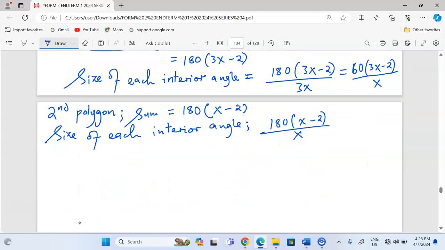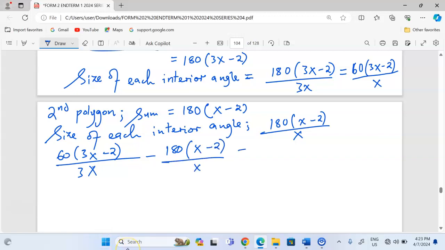So when we take 60 into 3x minus 2 over x minus 180 into x minus 2 over x, this should give us 40 degrees. The size of this unknown angle minus the other unknown angle should lead us to 40 degrees.